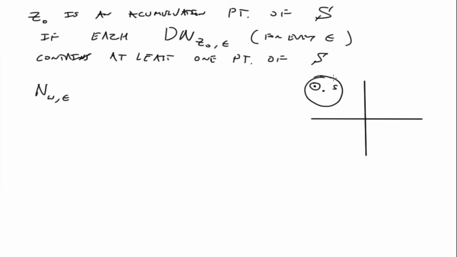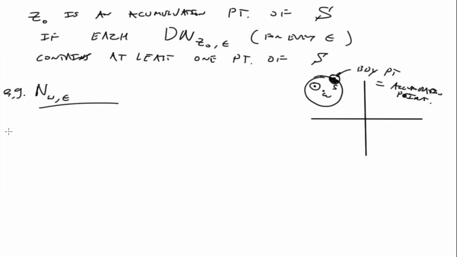Now if I take a boundary point, of course I can draw a little deleted neighborhood around it, and it certainly intersects right there with some point of the set. So in this case, the boundary point is an accumulation point. That certainly is an accumulation point.